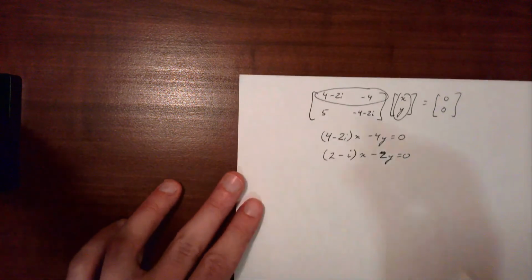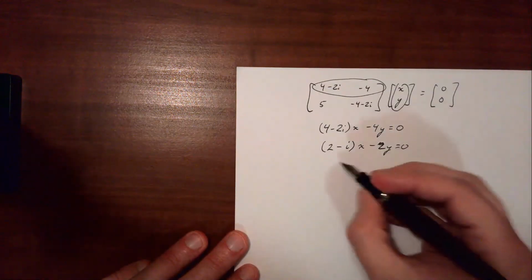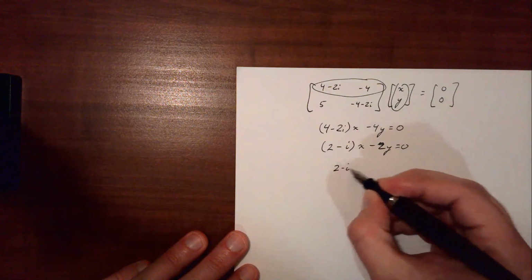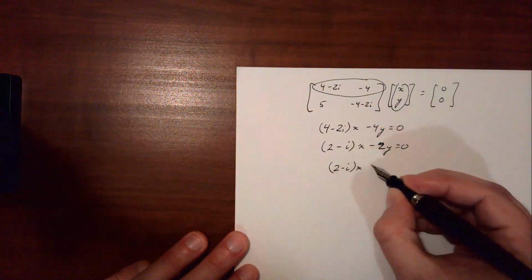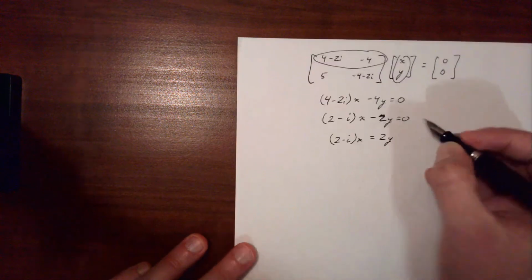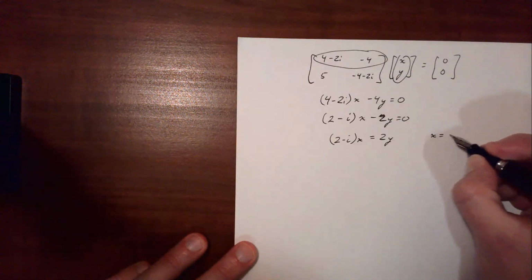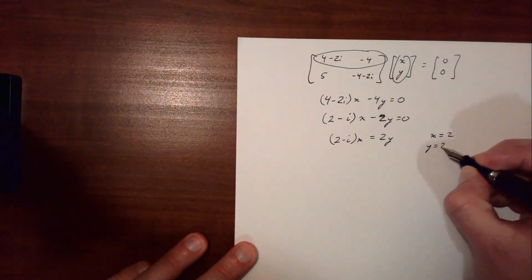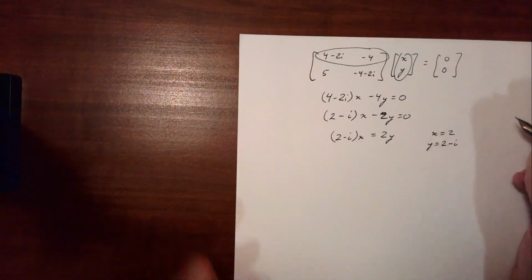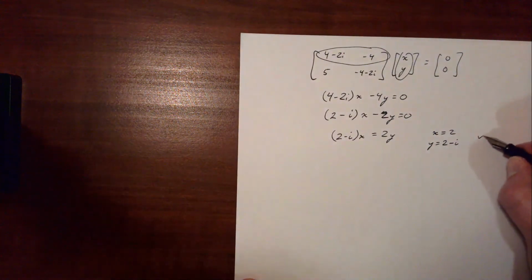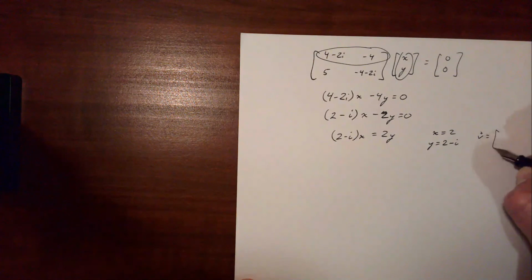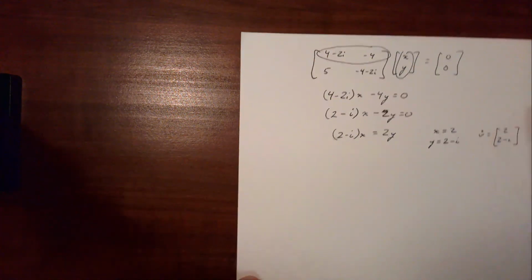And then I'll move that over, and I'll have 2 minus i times x equals 2y. So I can just say x equals 2, y equals 2 minus i. And then that means that v is going to be just (2, 2 minus i).